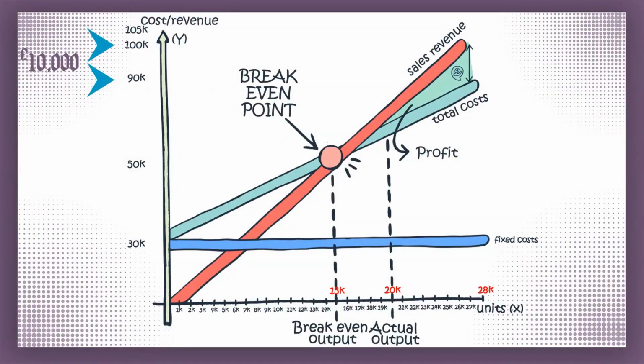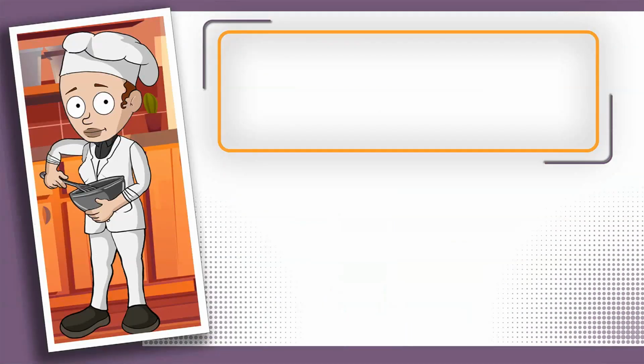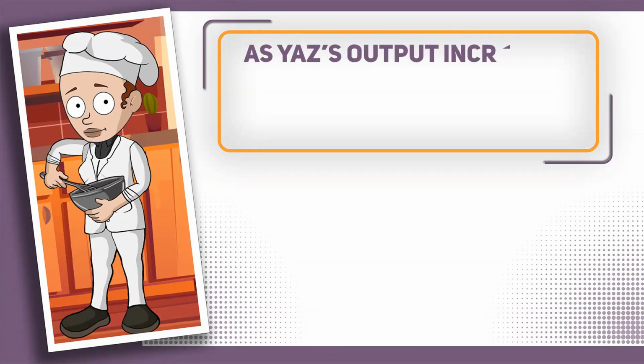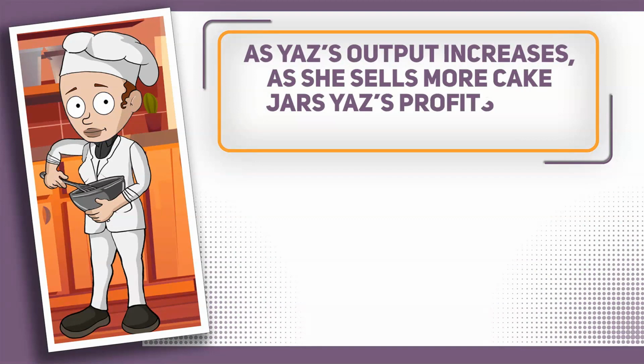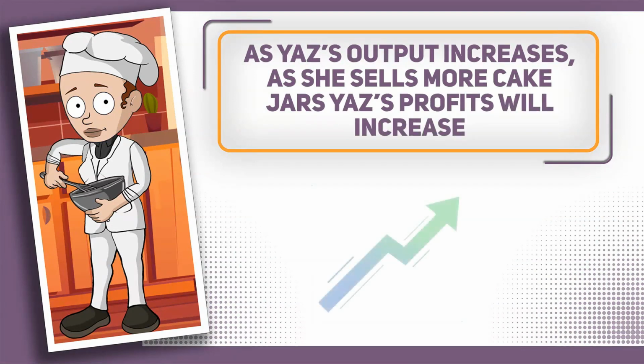You can now see that this has been highlighted on the chart. Remember that the gap between the two lines to the right of the break-even point gets bigger as output increases. In other words, as Yaz sells more and more cake jars, her profits are going to get bigger and bigger.